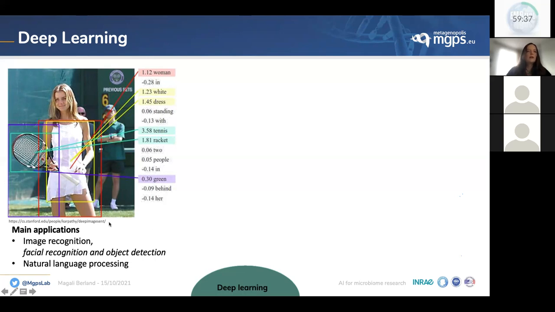And that's why the main applications of deep learning algorithms are image recognition, for example, facial recognition and object detection, and also natural language processing. For example, all the algorithms that will detect the speech of a person and propose a direct translation or stuff like that.